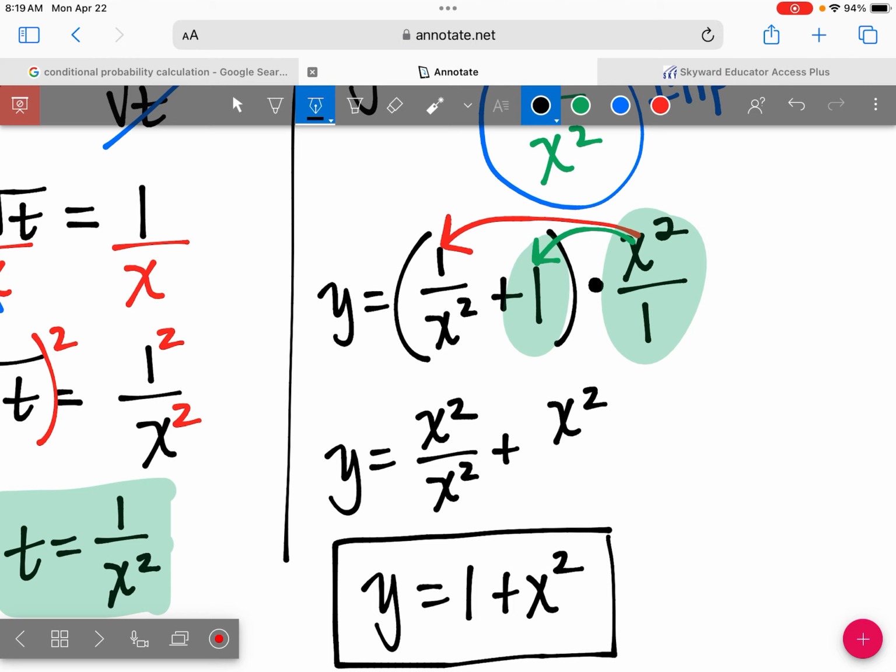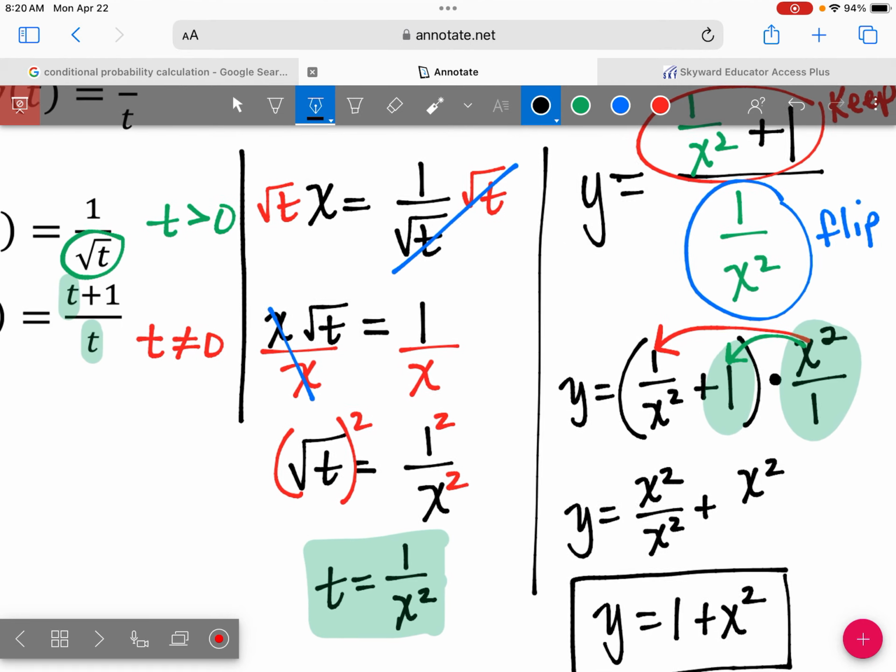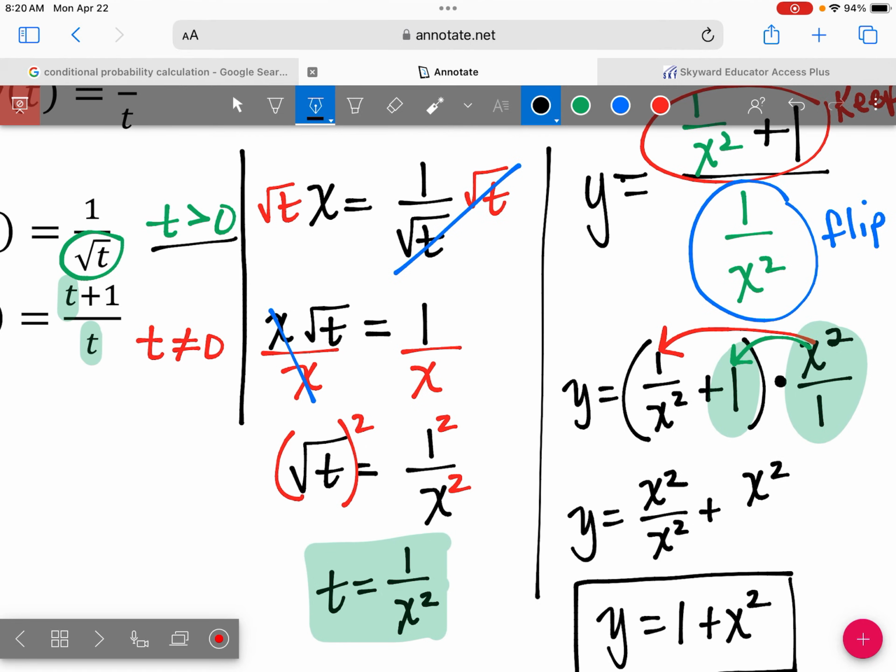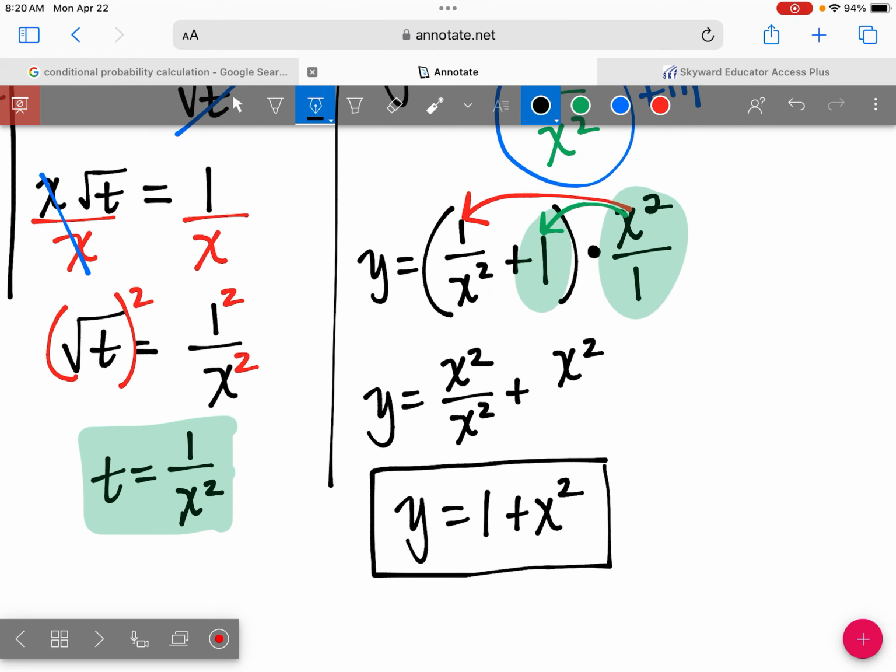And in that equation, do I have any restrictions? Do I have a square root or an x in the denominator? Do I have any red lights in my box? So my only restrictions are what I started off with, which is t has to be greater than 0 and t cannot equal 0. So my domain restriction would be x has to be greater than 0, and written in interval notation, that would be a parenthesis on the 0 to infinity.